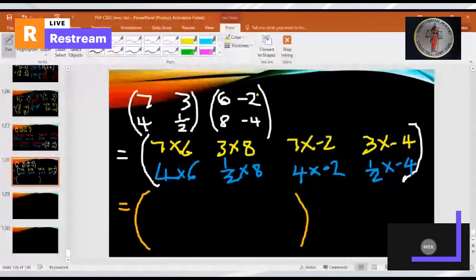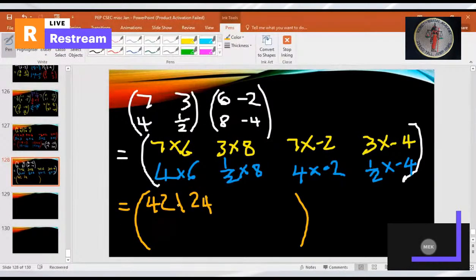7 times 6, that's 42. 3 times 8, that's positive 24. 7 times negative 2 is negative 14. And 3 times negative 4 is negative 12.